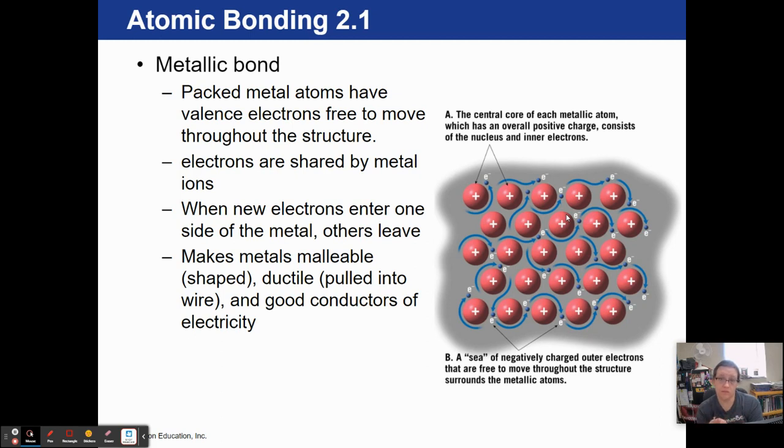Malleable means it can bend and be shaped. It also makes metal ductile, which means it can be stretched into wire, which is what we use in our electronics. So they're a very good conductor of electricity because they allow the new electrons to come in, and it does this domino effect and passes them on through.